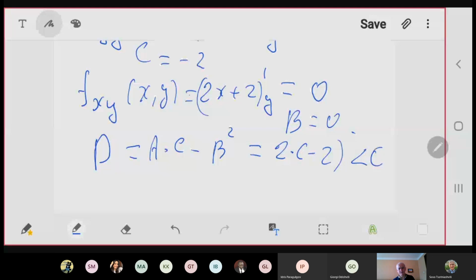So a function has an extremum only in the case when this number D is positive. If this number is negative, it means that this function has no maximum and no minimum.